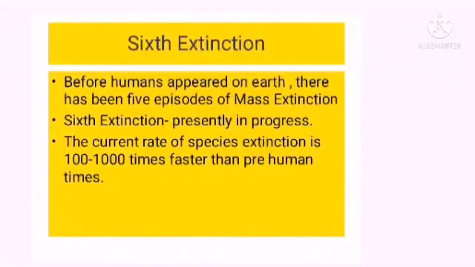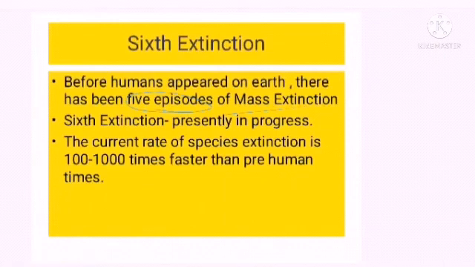Now we are experiencing the 6th extinction. 6th extinction means what? Before humans had appeared, before we evolved, the earth had already seen 5 episodes of mass extinction. Mass extinction means all of a sudden species become extinct because of some natural disaster in the particular area they were living, which led to the extinction of those species.